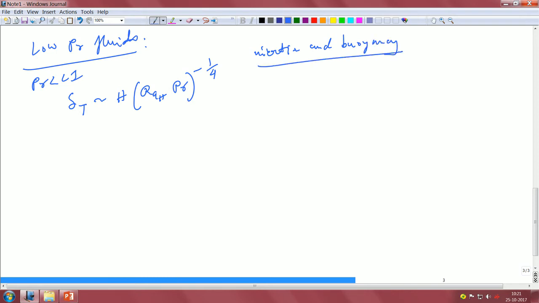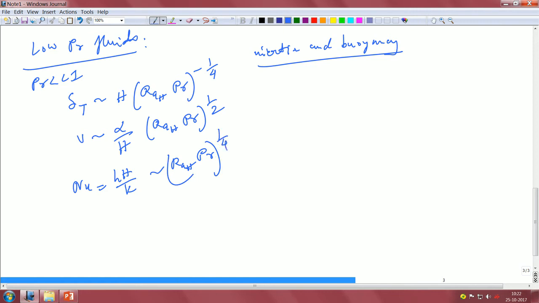That is what we told, because Prandtl number being much less than 1, inverse of the Prandtl number is much greater than 1. Therefore, the friction term does not really become very important here. So, the velocity scale that is introduced is alpha by H into Ra_H into Prandtl number to the power of half. That is the velocity scale, and the Nusselt number is once again the same, but of course it has the Prandtl number now. Got it?